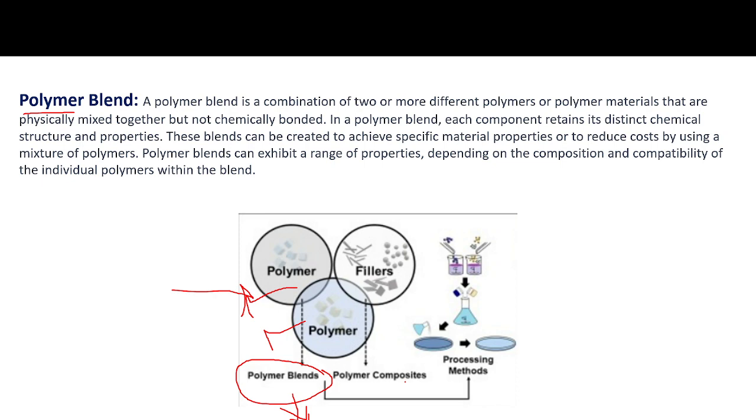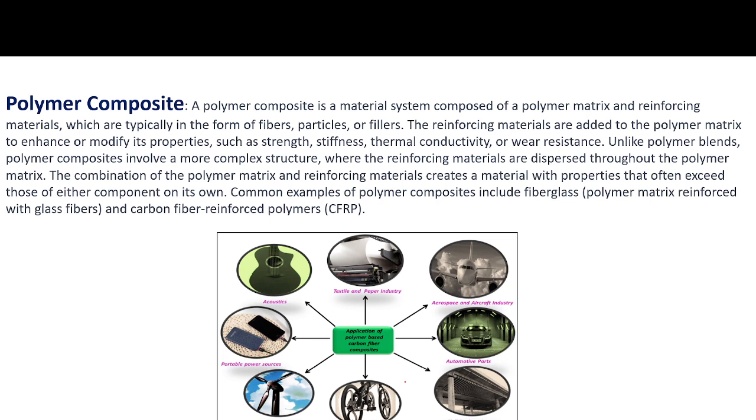So the difference is that a polymer blend is a mixing of two polymers, but a polymer composite is a mixing of polymers with some filler or reinforcing material. The reinforcing material may be glass fiber. They are used in various applications, like aerospace, automotive parts, civil engineering, and sports equipment.